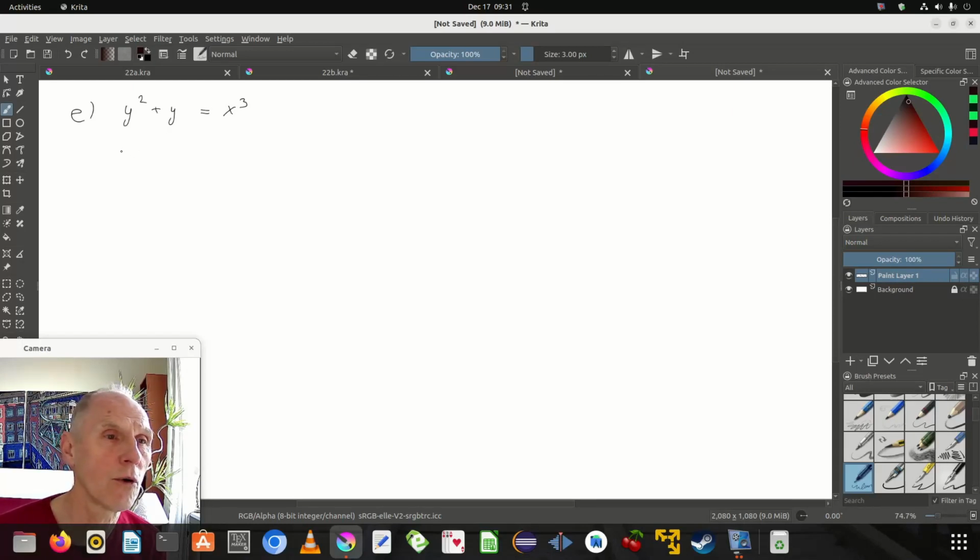So we add a quarter on each side. No, we do not.